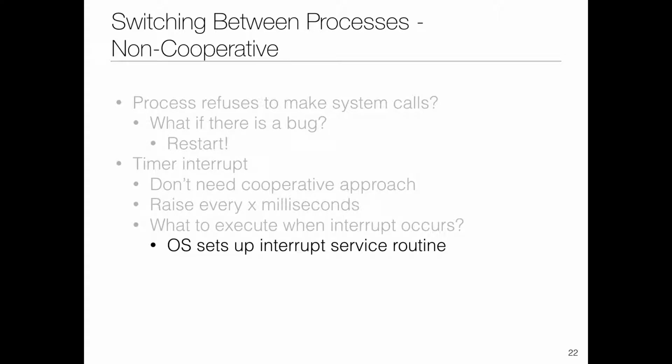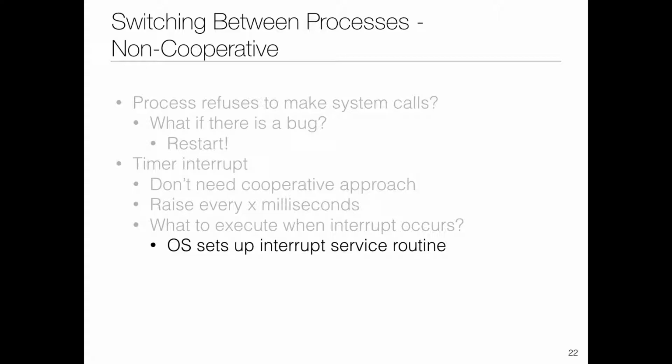So what to execute when the interrupt occurs? The OS, similar to setting up a trap table, also sets up an interrupt service table. Corresponding to each type of interrupt, there is a timer interrupt, then there are key press events, or hardware or network kind of interrupts.